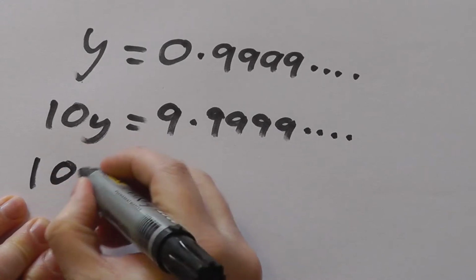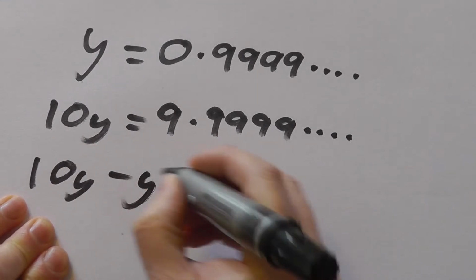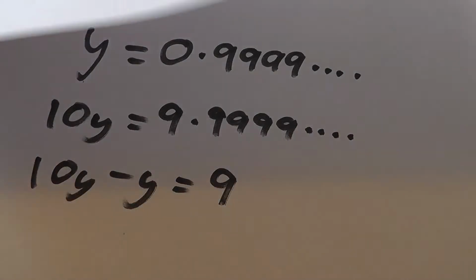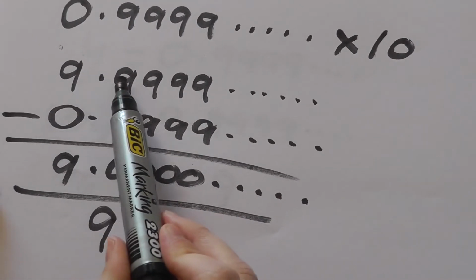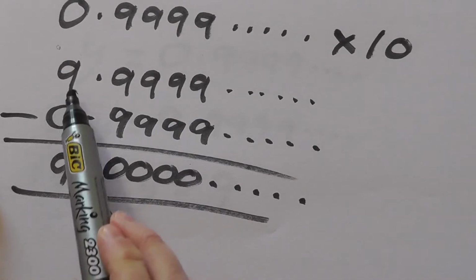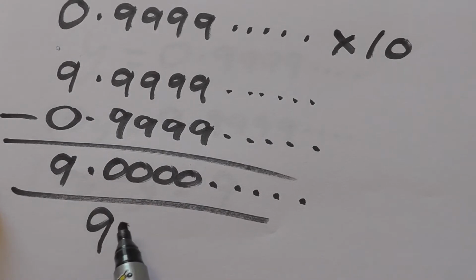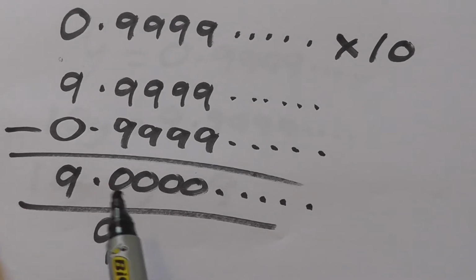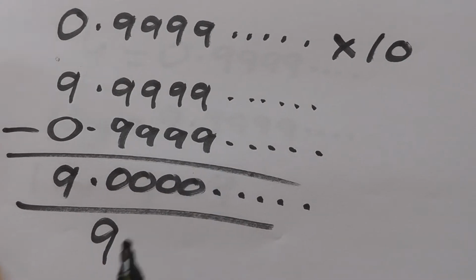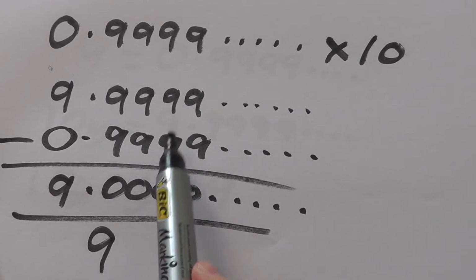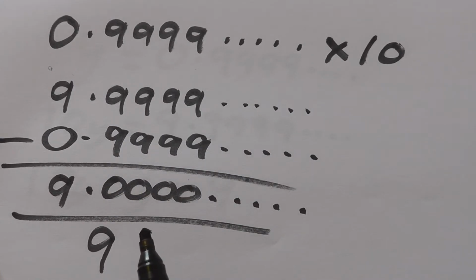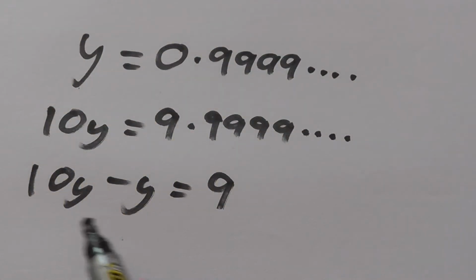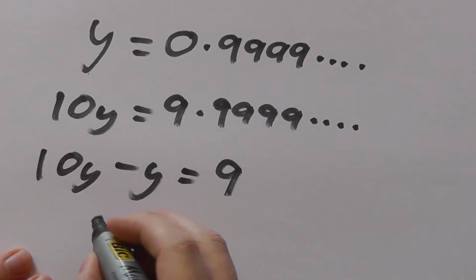And we've just shown that 10y minus y equals 9. Just to recap, that's 10y minus 1y is 9 exactly, not 9 point something, not 8 point something, exactly 9, because all the 9s line up and end up being zeros.